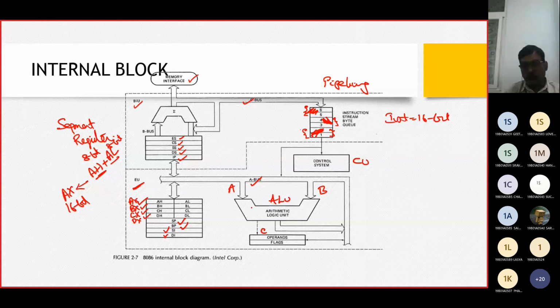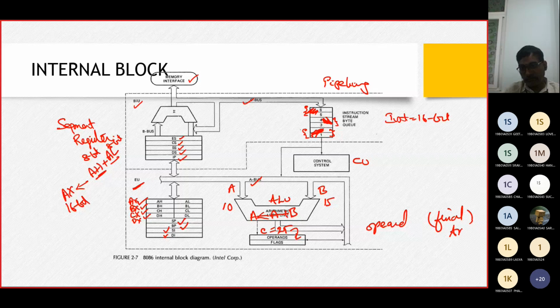Now we have A equals 10 and B equals 15. Then the arithmetic logic unit will say C equals A plus B. So obviously C equals 25. Now this 25 is going to be called an operand, or we are going to say here the final answer.